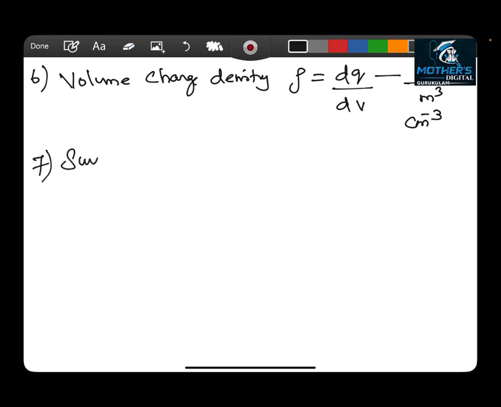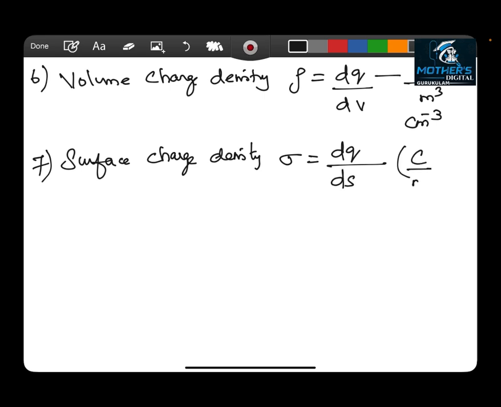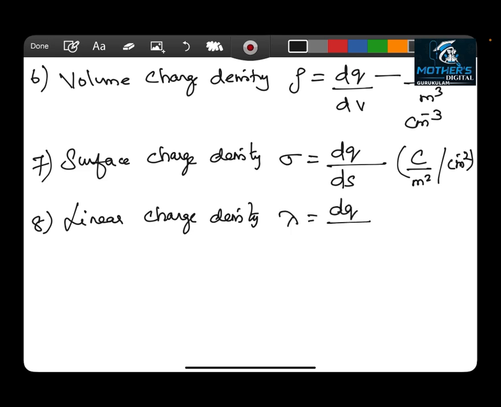Seventh one, surface charge density, represented in terms of sigma, the amount of charge present on the surface area. SI units, coulomb per meter square, or C m power minus 2, capital C. Your eighth formula, linear charge density, lambda equal to dq by dl. Again, q is in coulomb, L is in meter, so C m power minus 1.